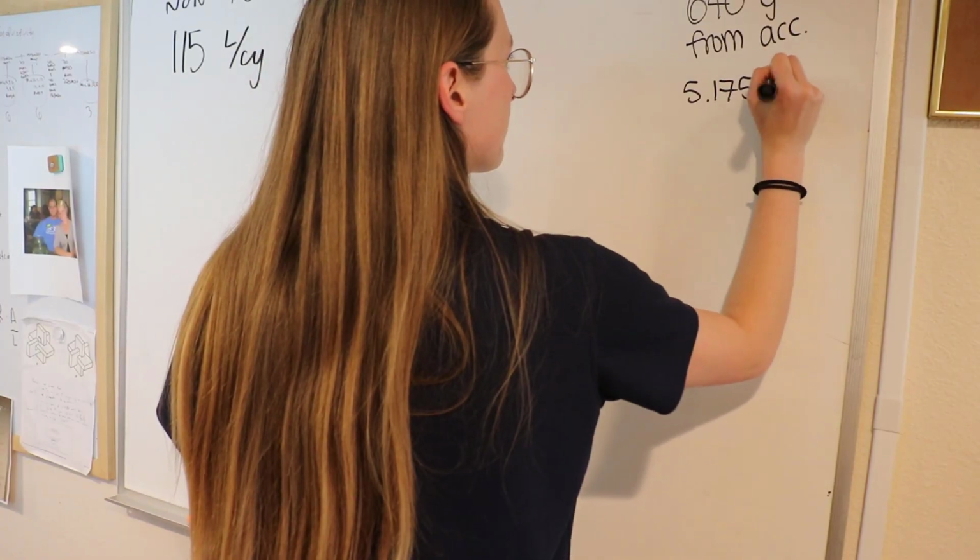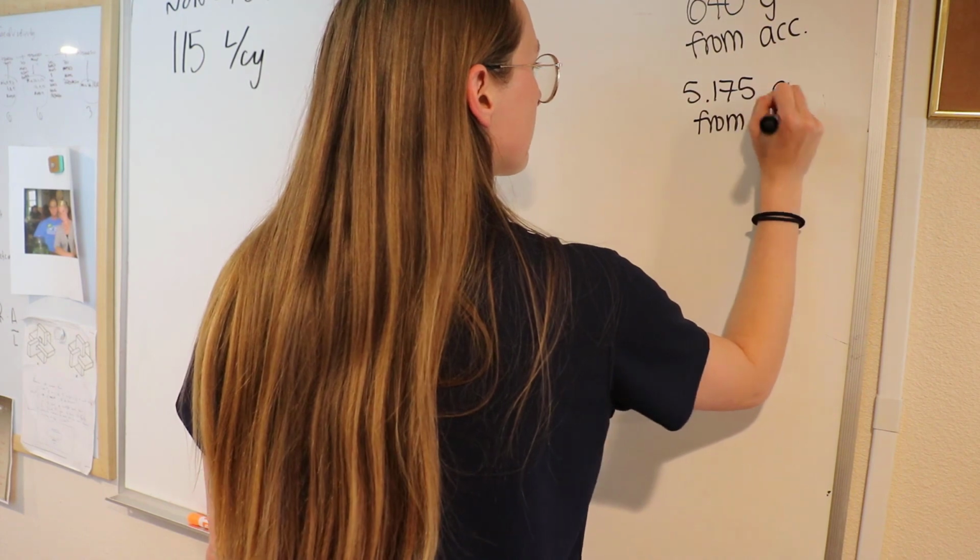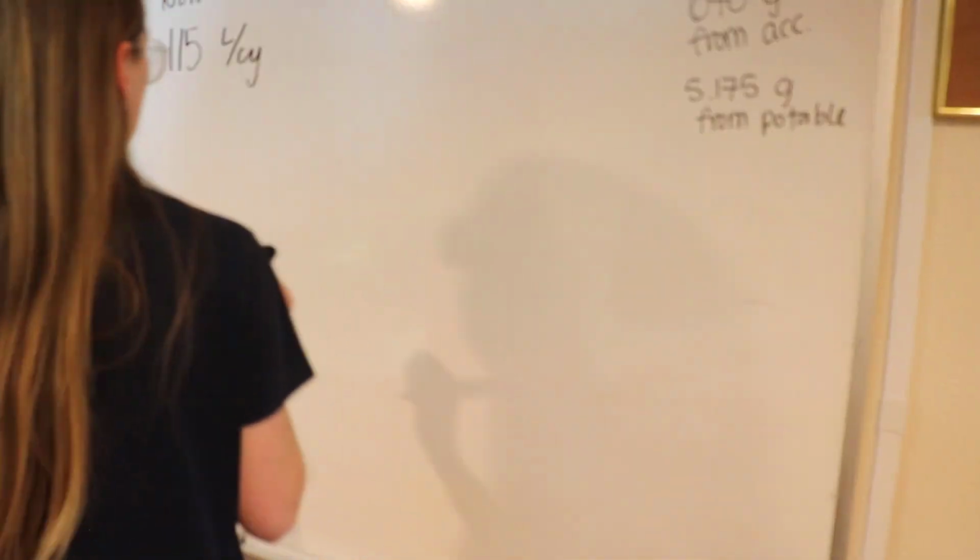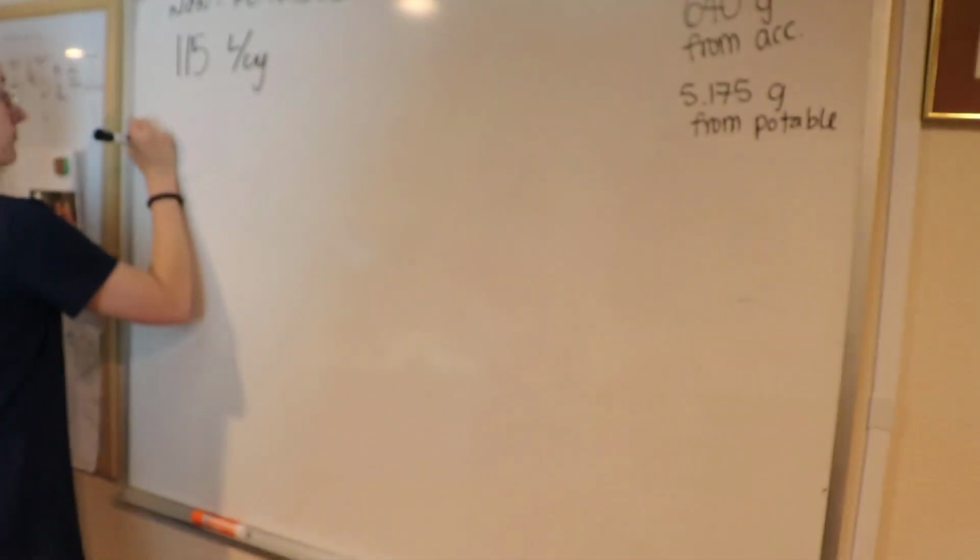If we go back to what we know is measured from our potable and non-potable water, it's in milligrams. So if we have 640 grams, we actually need, multiplying that by 1,000, 640,000 milligrams of calcium nitrate in our 115 liters of water.